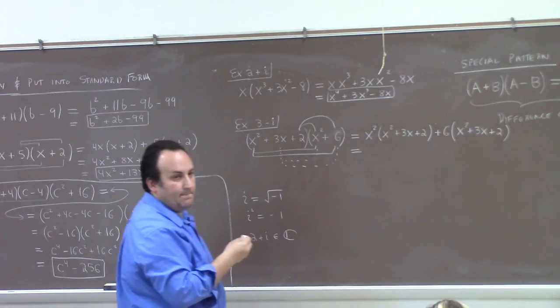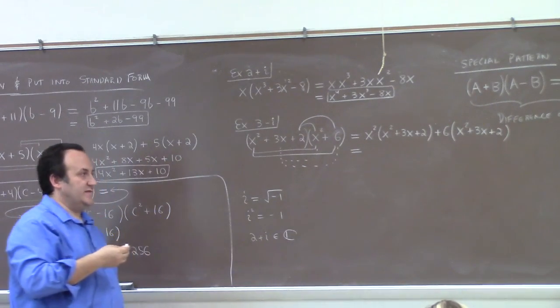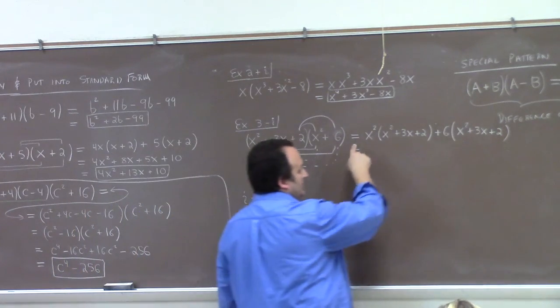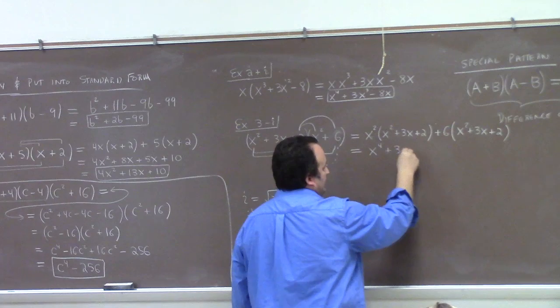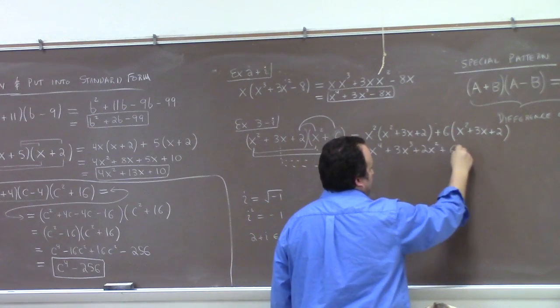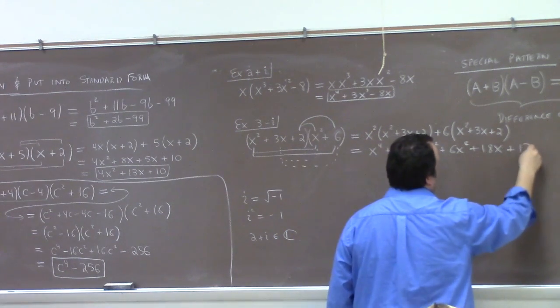This is just the distributive property. And so then you get x to the fourth plus 3x cubed plus 2x squared plus 6x squared plus 18x plus 12.